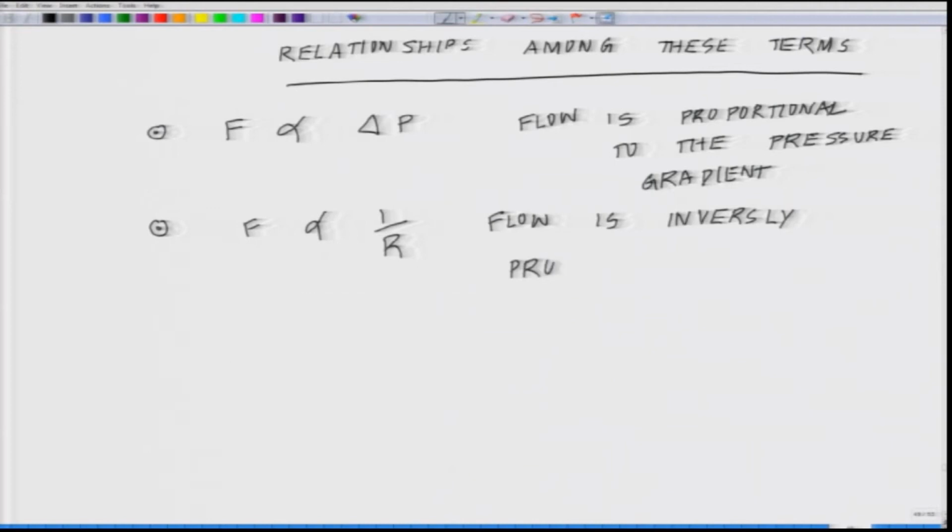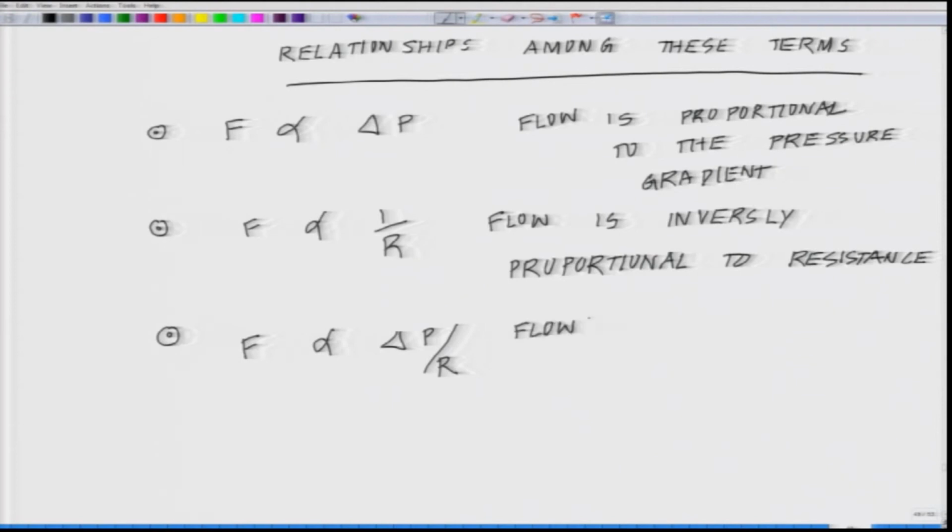Relation 3: flow equals delta P upon R, that means flow is directly proportional to pressure gradient and inversely proportional to resistance. If you add these two, this is what you are getting.